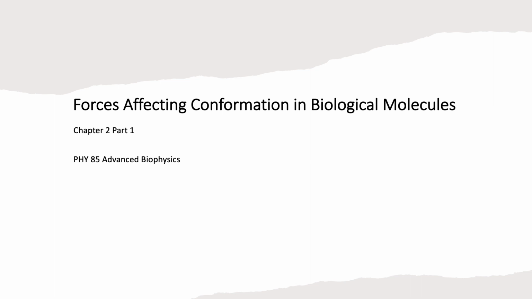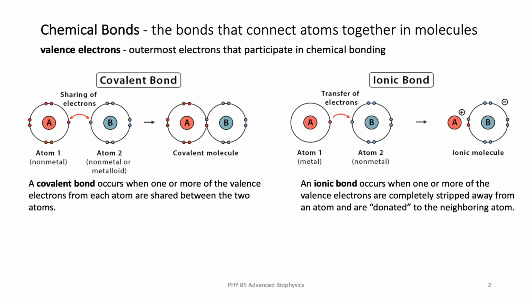These forces manifest themselves in a large variety of ways, and we classify them as different forces in order to categorize them according to their different behavior. Molecules are atoms connected together. The bonds that connect atoms together in molecules are called chemical bonds.